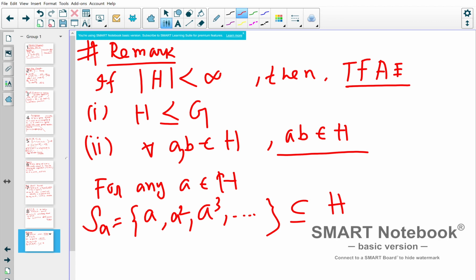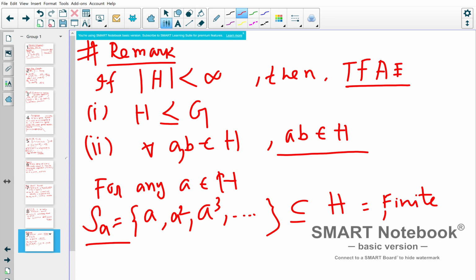Clear. This is a subset of H, and you know that H is finite. So what does that mean? That means this terminates somewhere. This S_A looks infinite, but it is a subset of a finite set. H is given to you as a finite set.